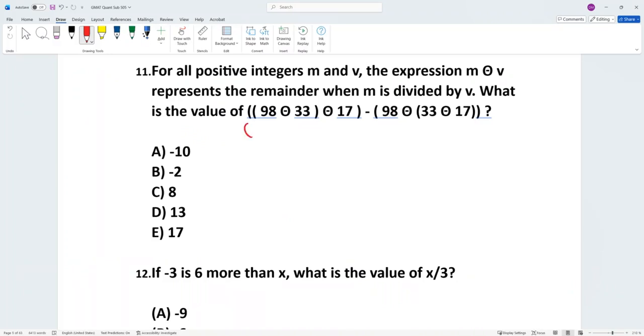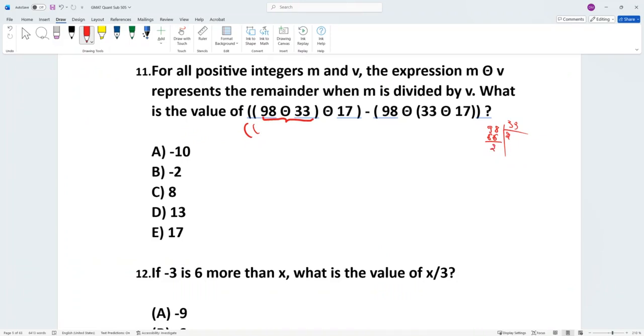So what we can start by doing is finding the value of what we have in the brackets here. So when we divide 98 by 33, as I can see, if I say 3 here, we will have 99, but 99 is greater than 98, so it's 2. 2 times 33 is 66.